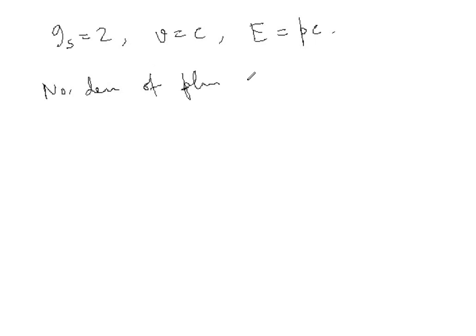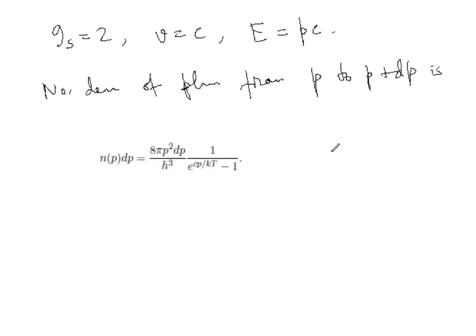Okay. Now for photons, we have g_s equal to 2, v equal to c, and E equal to p times c. So the number density of photons from p to p plus dp, how much is this? This is given by this relation. This we have already discussed previously. So equation 94.